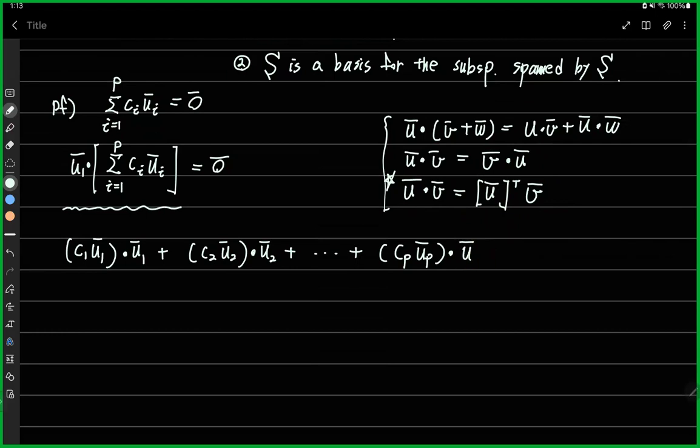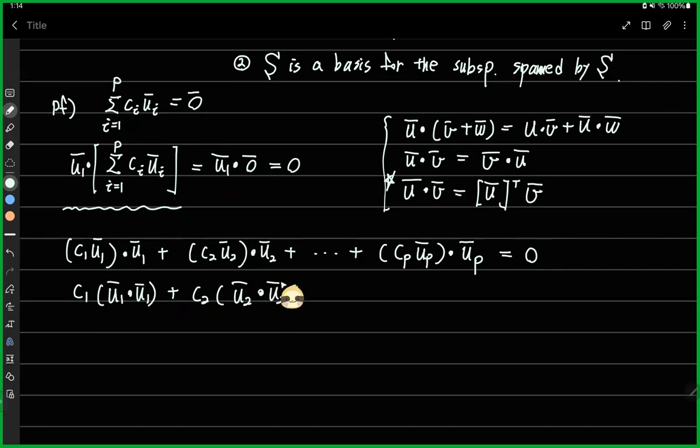So this is equal to the 0 vector right here. Sorry, this is equal to 0, right? So now the left-hand side is equal to C1 times U1 dot U1, plus C2 times U2 dot U2, plus CP times UP dot UP.